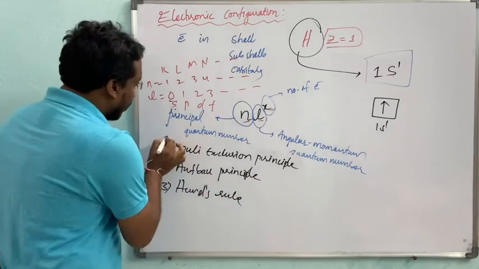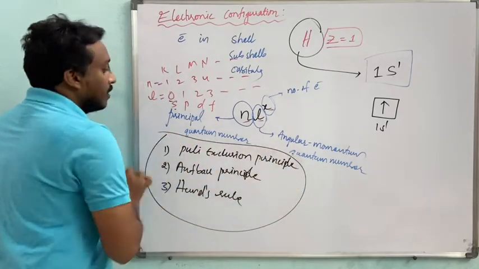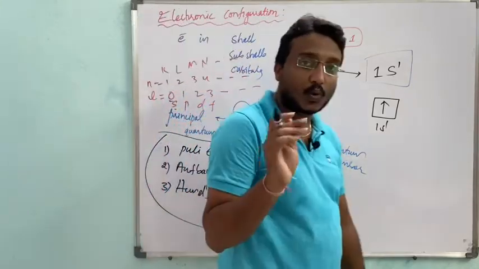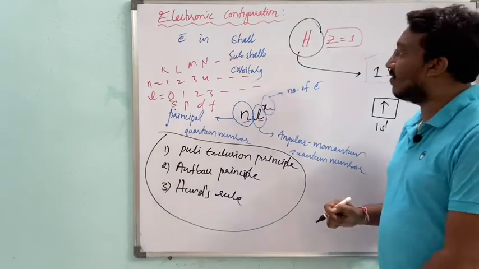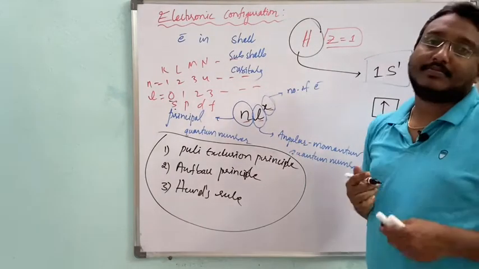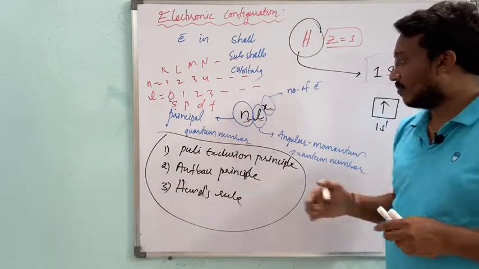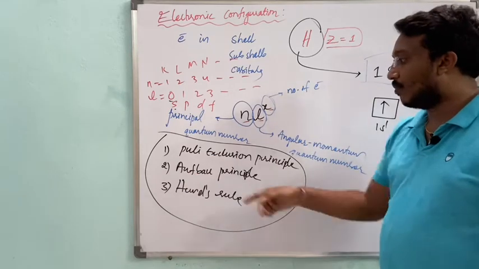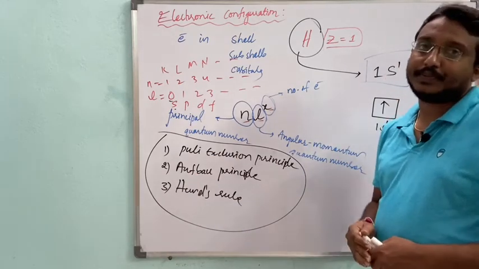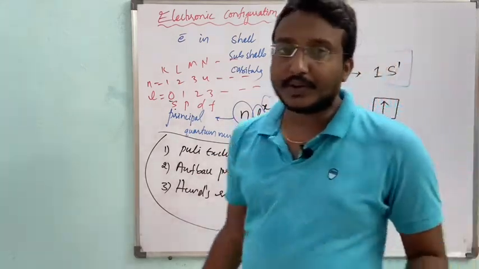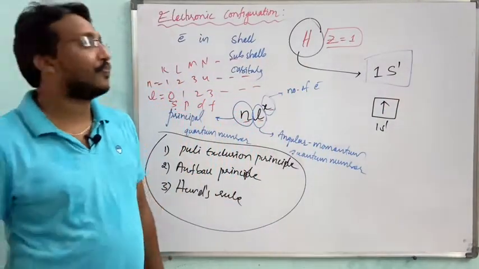These are the three principles to know to write the electronic configuration of an atom. Got it? Now we are going to discuss them individually.